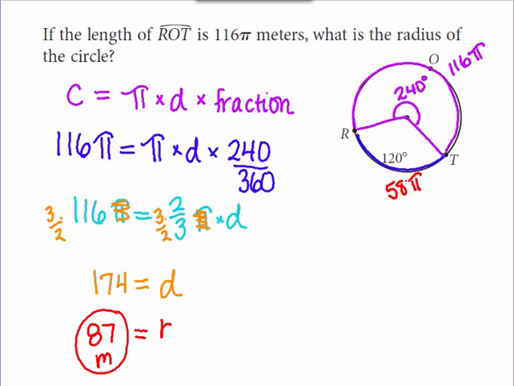So your total circumference of your entire circle will be 174 pi. What you can do then is set that equal to pi times your diameter. When you divide by pi, your diameter is 174, and half of that is your radius, which is 87. So that's another way you can do it. Okay? Questions?